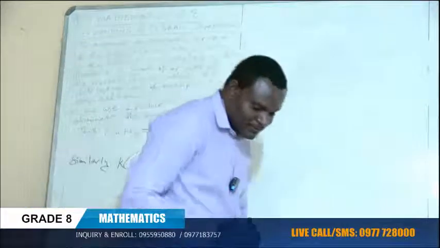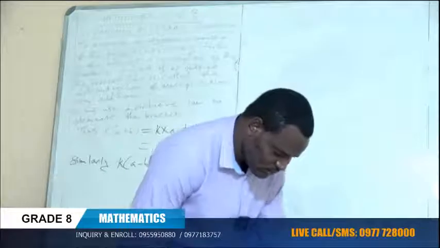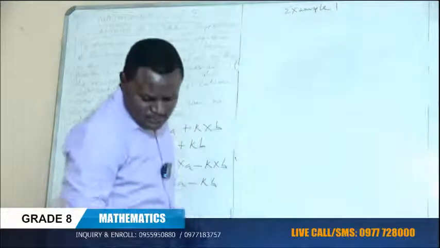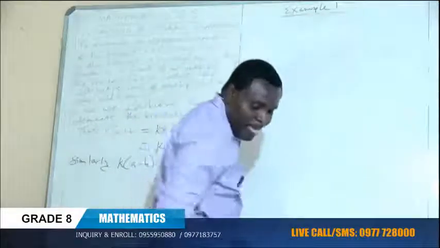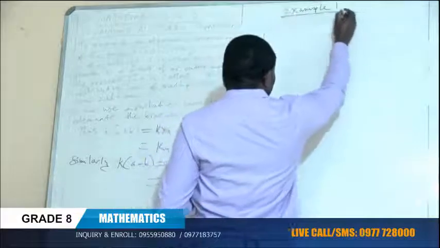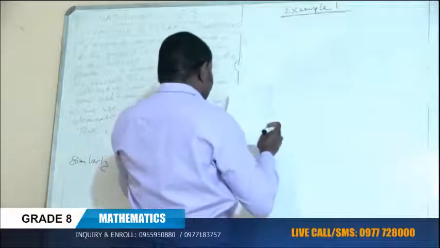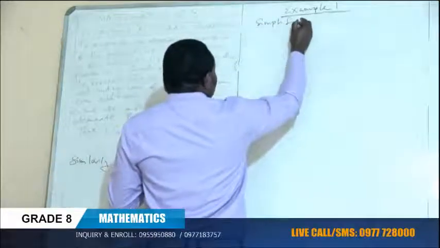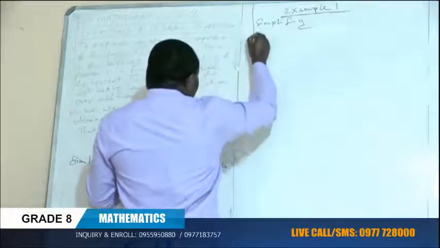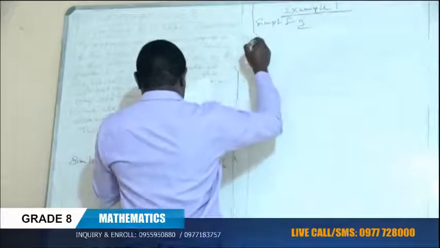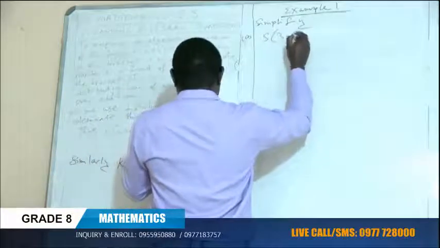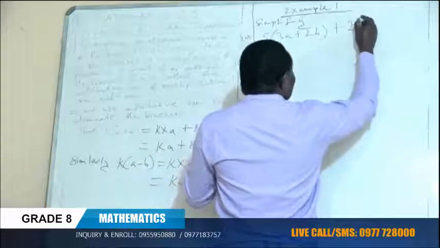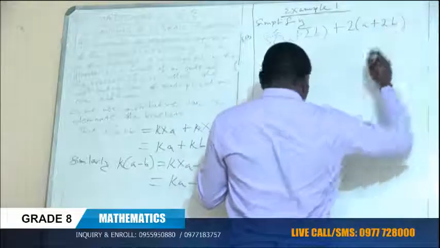Let's look at the first example. Example 1 says simplify 5 open brackets 3a plus 2b close brackets plus 2 open brackets a plus 2b close brackets.